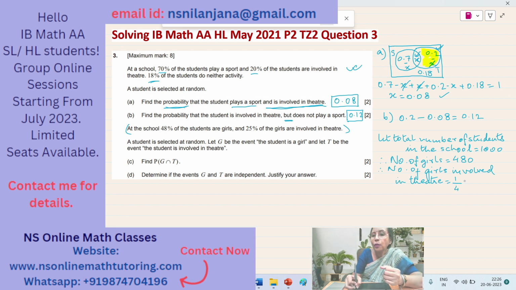So 1 over 4 times 480, which is equal to 120. Therefore, 120 girls are involved in theatre. Okay. Now, a student is selected at random. Let G be the event that the student is a girl. So, what is the probability P of G?